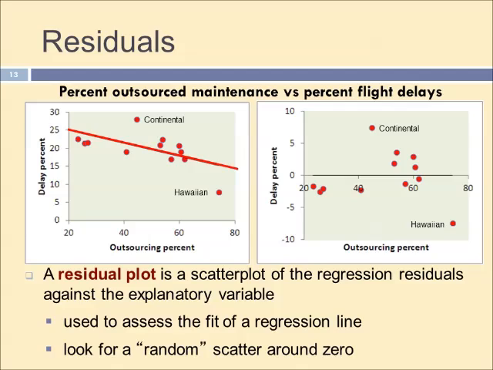If we look at the residual plot, we see that the points are scattered around the line y equals 0, and there doesn't appear to be any real pattern to those. So effectively we say that the variation of the data points around the regression line is basically random, and so a linear model is appropriate.